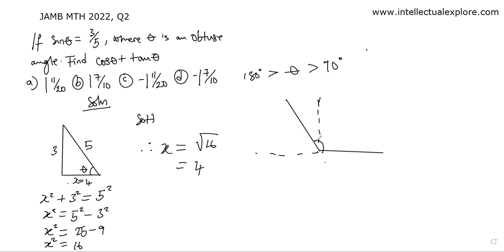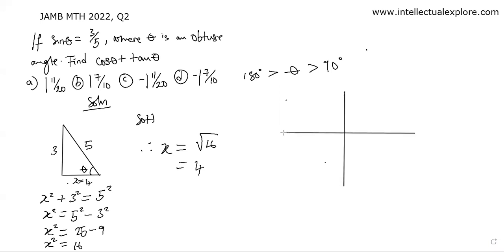So from here to here is an obtuse angle. Now there are some facts you need to know. Being an obtuse angle, an angle greater than 90 and less than 180, that means it falls in the second quadrant.